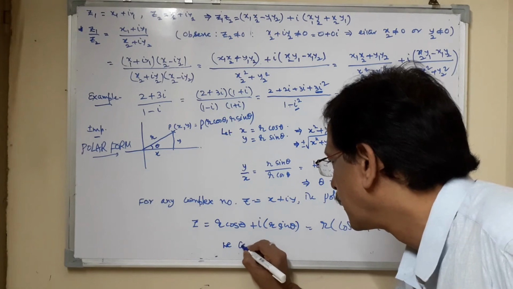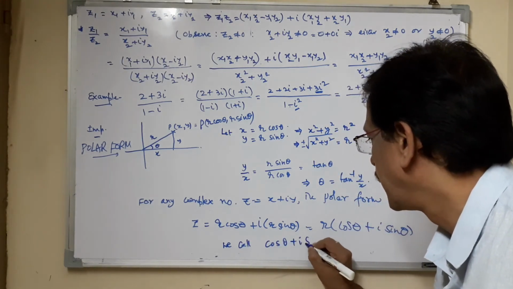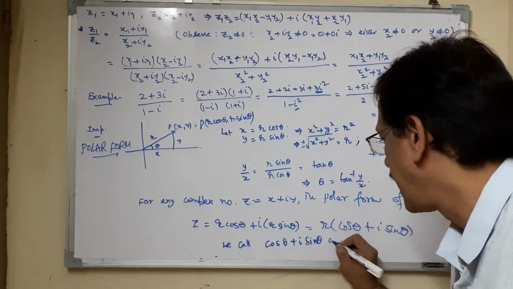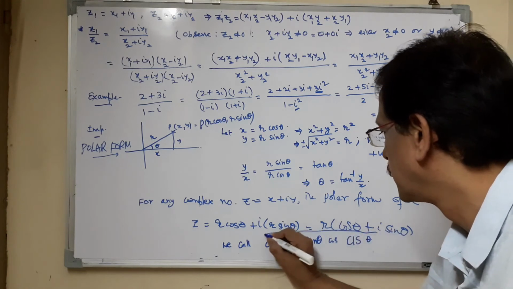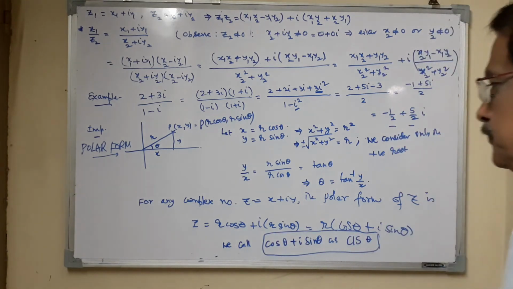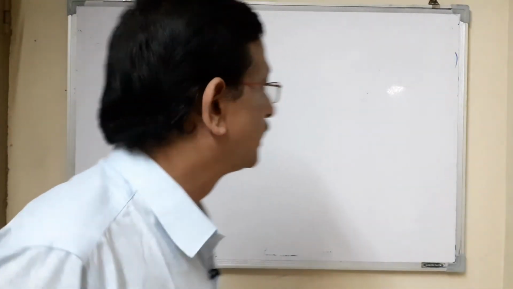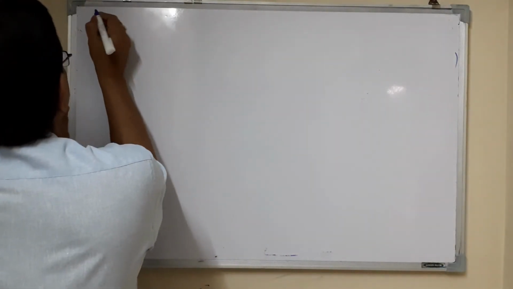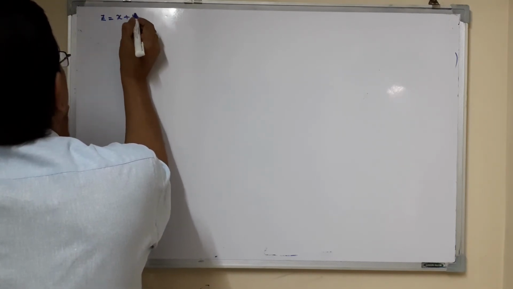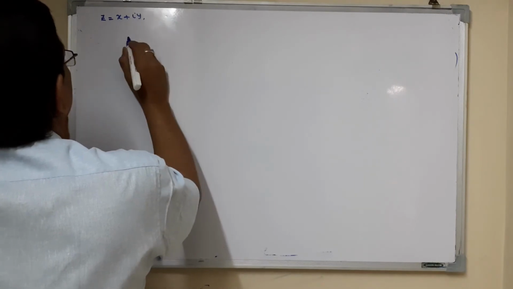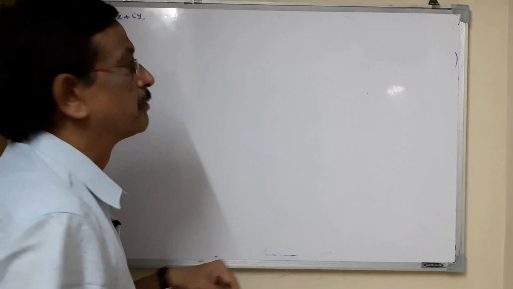We call cos theta plus i sin theta as cis theta. Now, the definition for a complex number is given z equal to x plus iy, where x and y are real numbers, so i square equal to minus 1.